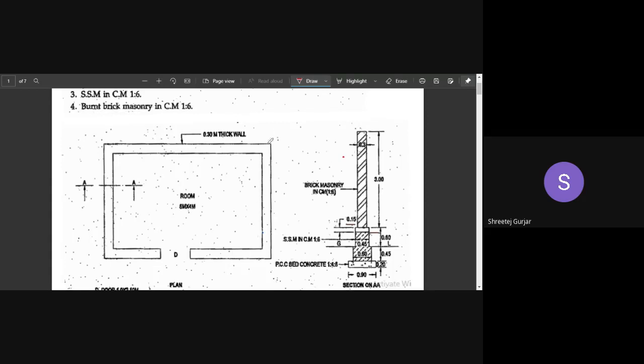So I will draw a line here, and similarly a line here. This is also continuously a wall. Do not think that it's a broken wall. This is also a continuous wall.